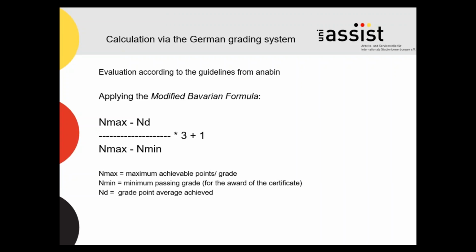What is important when it comes to the minimum passing grade is that we are taking not the minimum passing grade for a subject, but the minimum passing grade required for obtaining a degree.